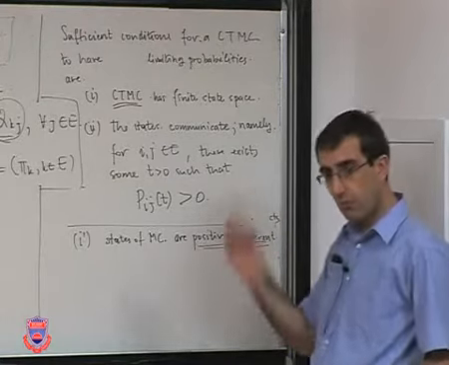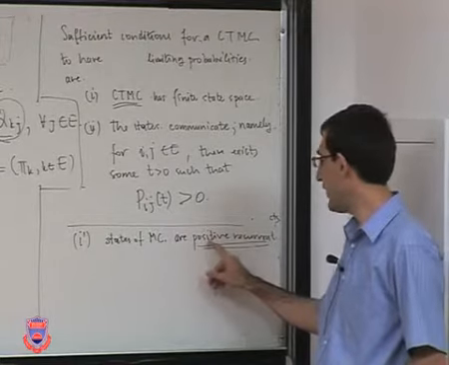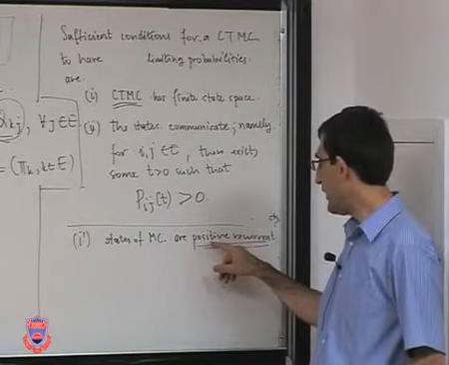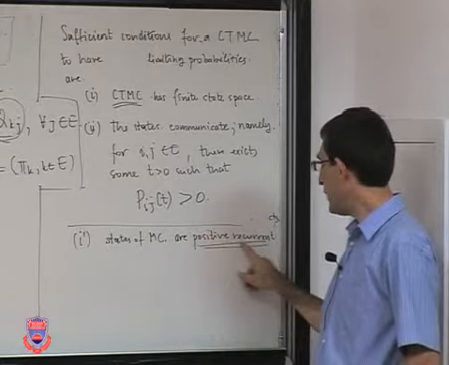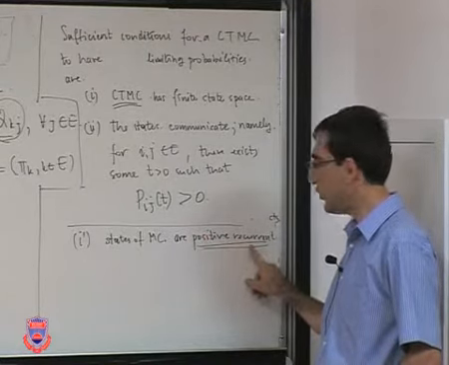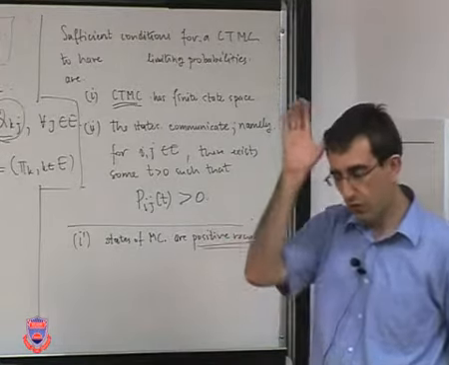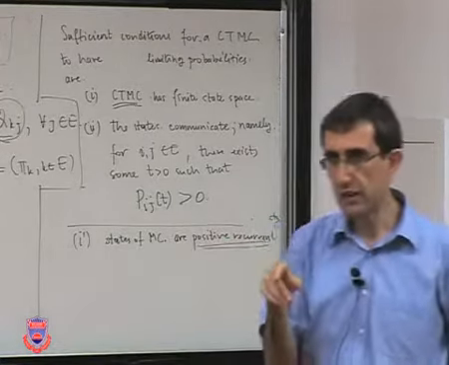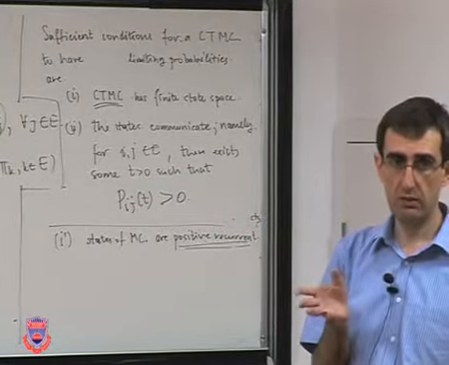Recurrent means it will repeat itself. You will repeatedly visit that state. The adjective positive here points to the fact that we are looking for a strong recurrence, in the sense that even though you may come back to a state with probability 1, the time it takes on average to come back to that state may still be infinite.